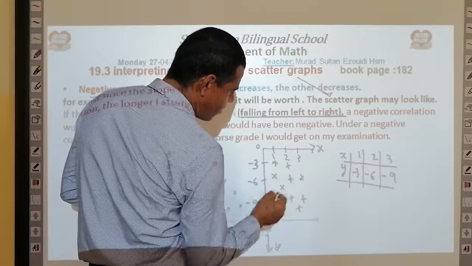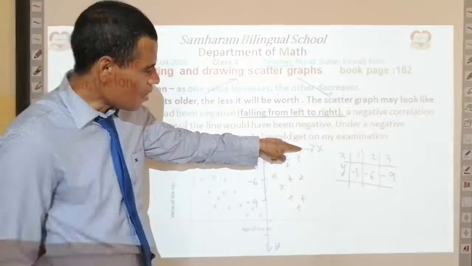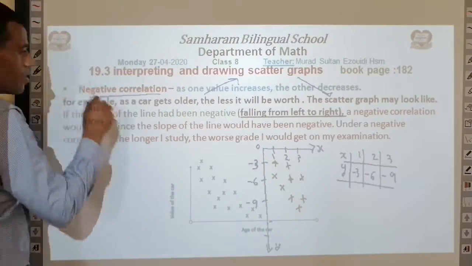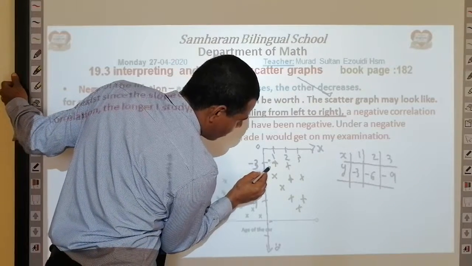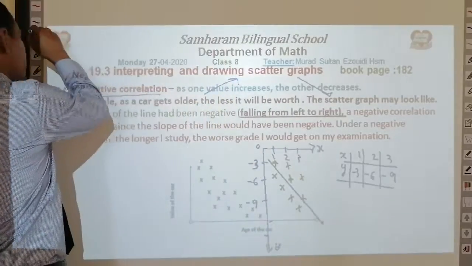You can see that when the value of x is increasing, the value of y is decreasing. And you can see if I draw the baseline fit like that. Okay? And I will add another point.